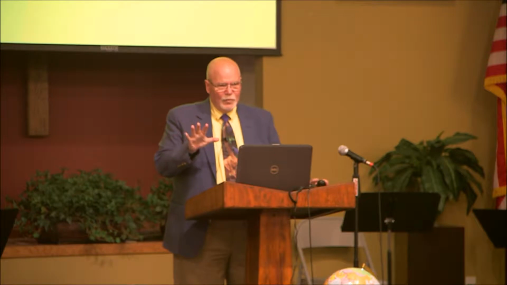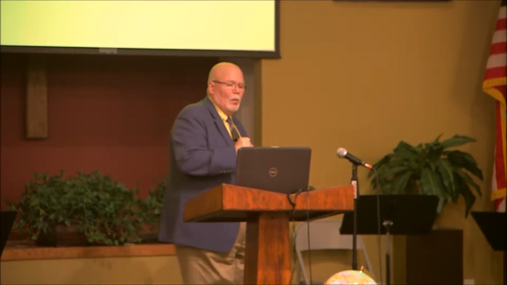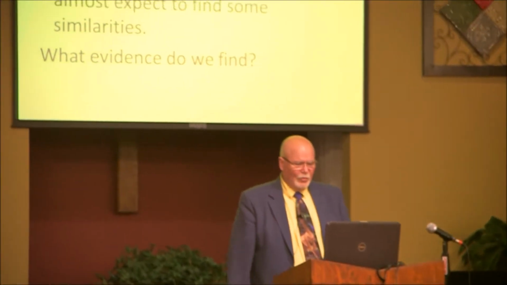Don't leave that part off. So, wouldn't you expect some similarities? Dogs and horses and four-footed animals have similar type legs and structures and muscles and those characteristics. So let's look. Is there any evidence that there are similar characteristics?